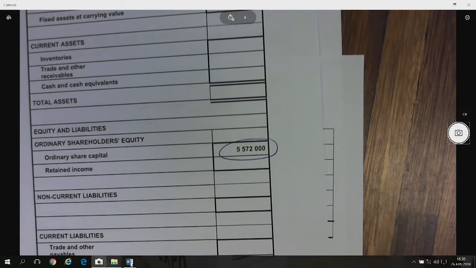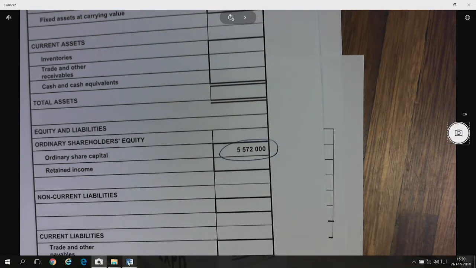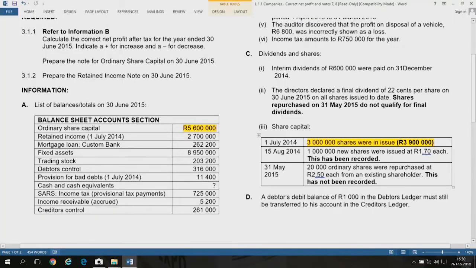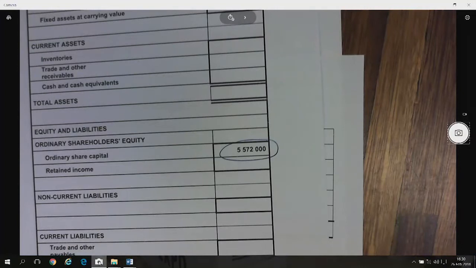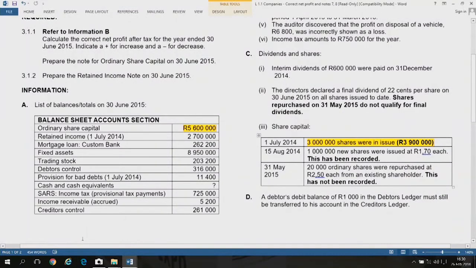So you can see that there are 3 amounts now that we are working with. There's 3,900,000 at the beginning of the year, there's a 5,600,000 somewhere, and then on your balance sheet is 5,572,000. So let's quickly do that note first before we go to the note for retained income.